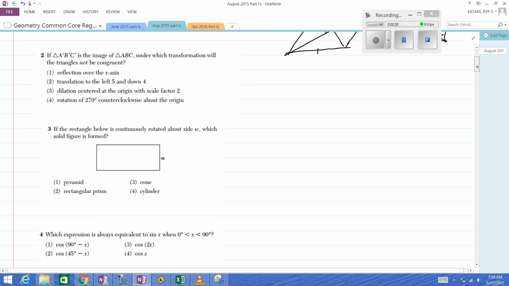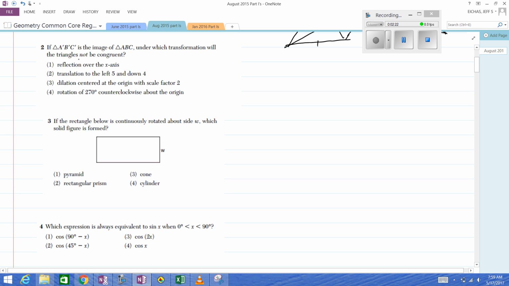All right. Let's see. For an image to not be congruent to its pre-image, we have to use something that's not a rigid motion transformation. Now, this terminology just simply means keep the image and pre-image congruent.